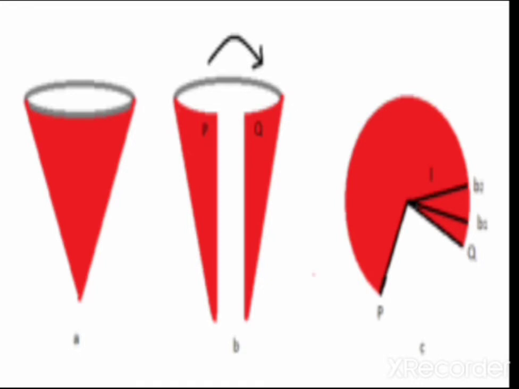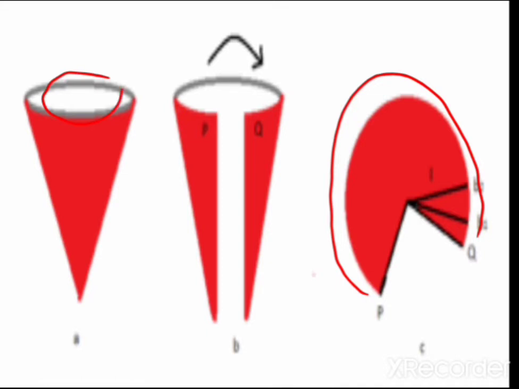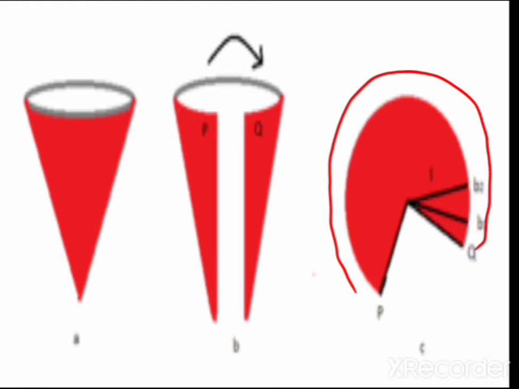One of the relationships is that the arc of the sector, when we fold it, now forms the base of the cone. Let me repeat myself: the arc of the sector, when we use it to form the cone, forms the base of the cone.